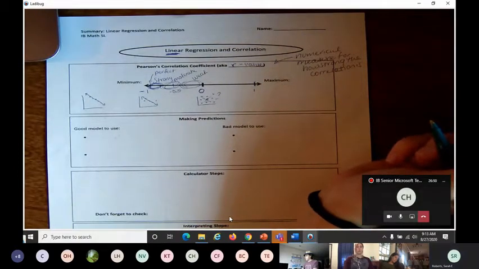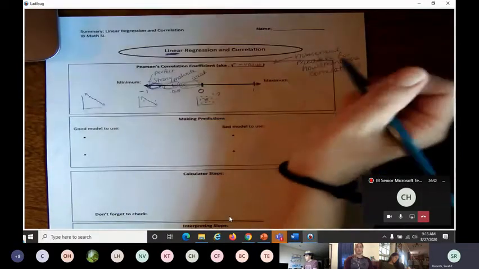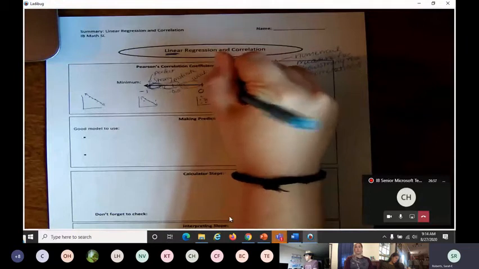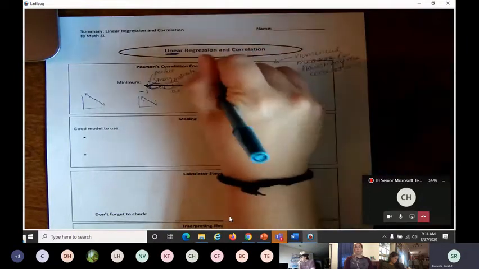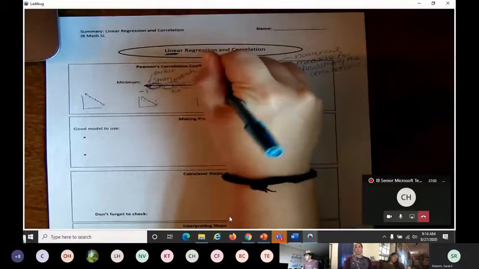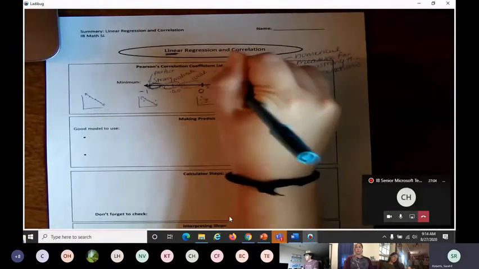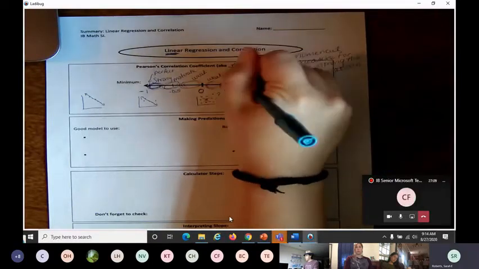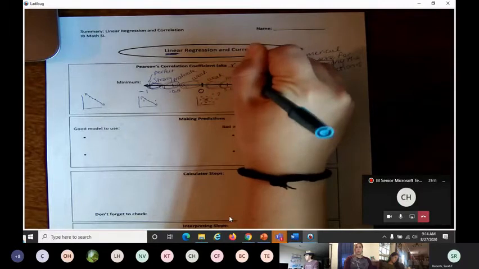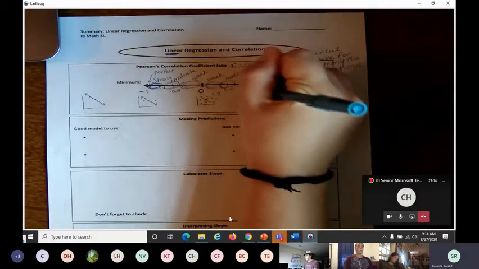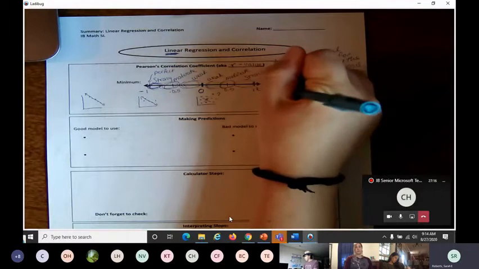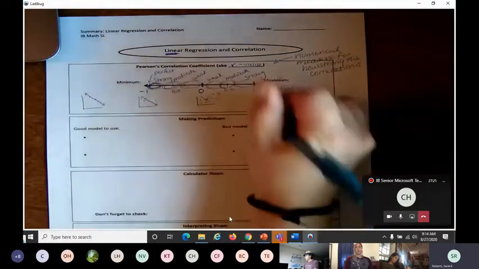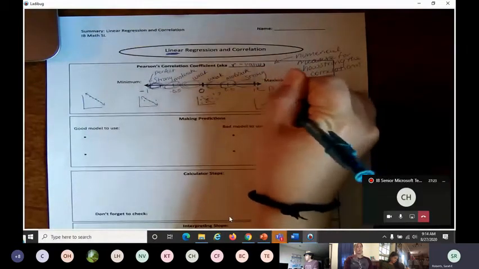Same sort of thing goes for the positive side. So we'll put a 1/2 in the middle right here. We have a weak correlation over here, a moderate around a 1/2, strong close to 1, and 1 is going to be a perfect correlation. And this time, since we're on the positive end of the scale, we're going to have positive slopes.